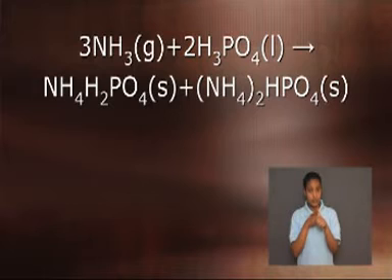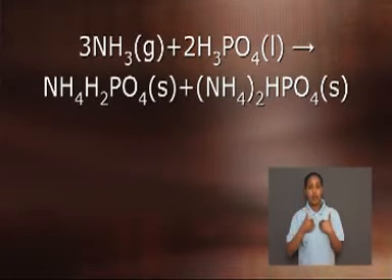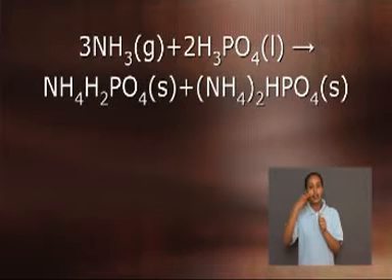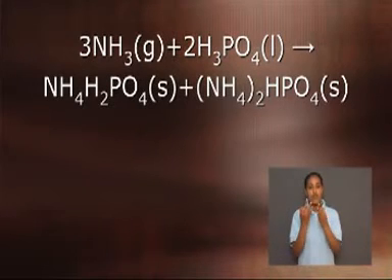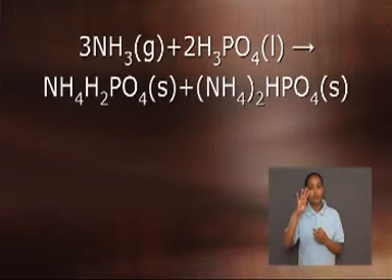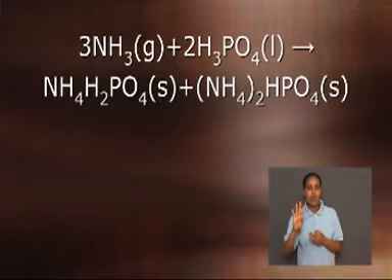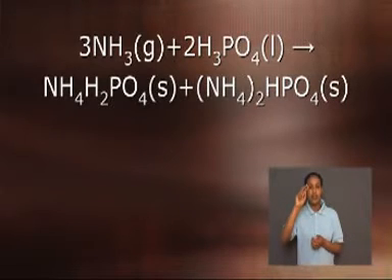First, anhydrous ammonia is allowed to react with phosphoric acid. This reaction forms monoammonium dihydrogen phosphate and diammonium monohydrogen phosphate.